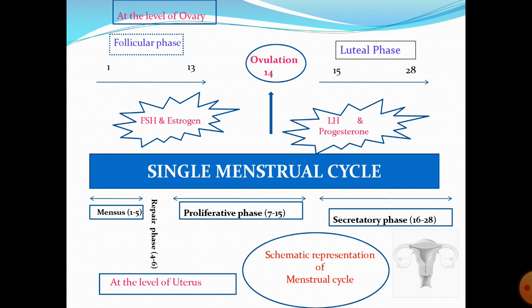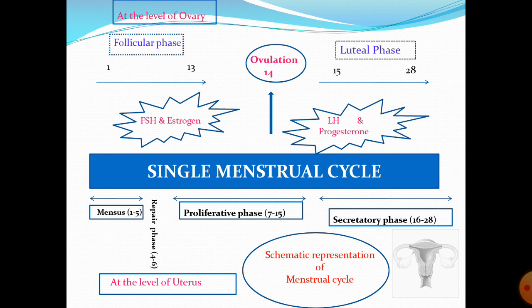As the menses is being completed, by about the 4th day, the injured endometrium is subjected to a process of repair, characterized by epithelialization, that is formation of new epithelium. This phase is called the repair phase and takes place for 2 days, that is from day 4 to day 6. This is followed by the proliferation phase.